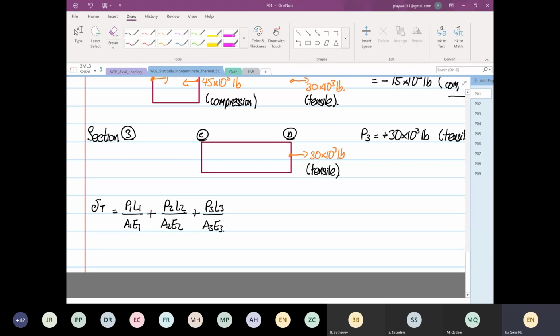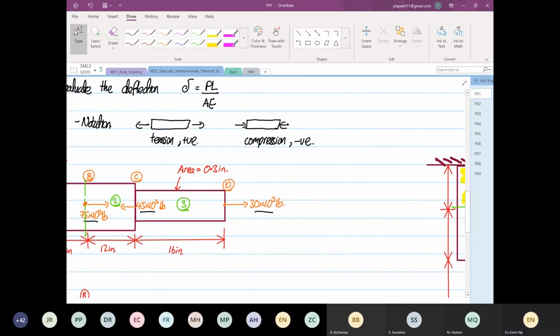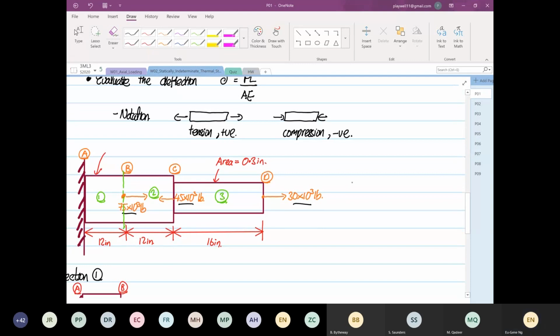So for this question, it is made of a single steel material, right? So it's made of one material, so the Young's modulus is always the same. The only thing that changes is the cross-sectional area. A to B, the area.